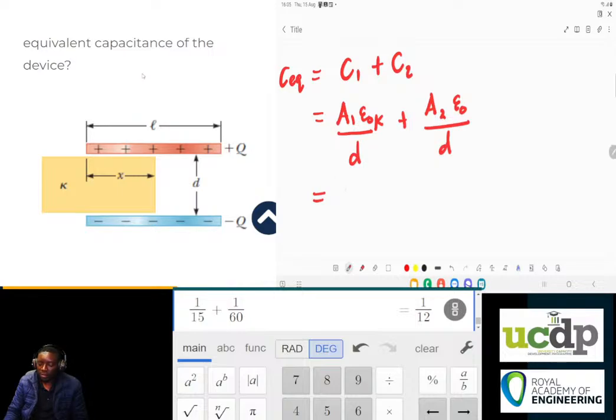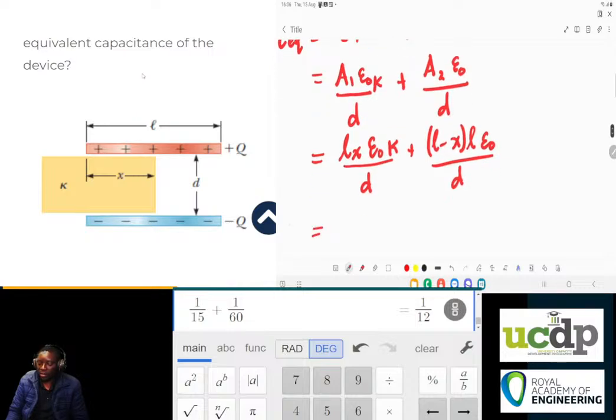It's X. So we say L times X, right? Yes, L times X, times E naught and a K there over D, plus the other one is L minus X. Do we agree? L minus X times E naught over D.